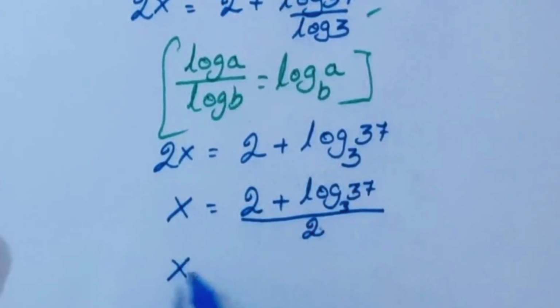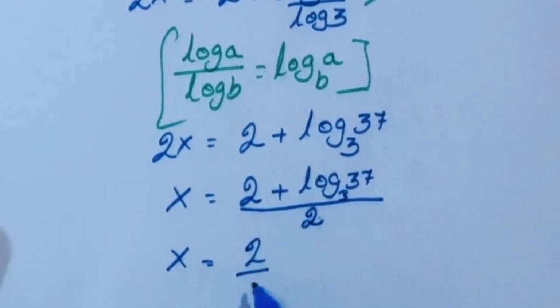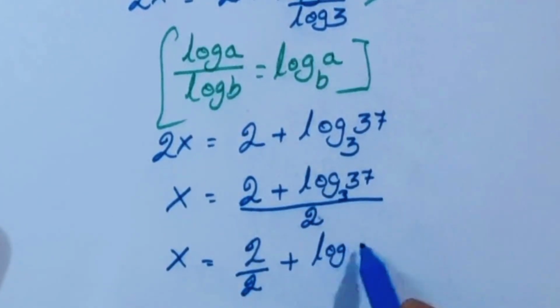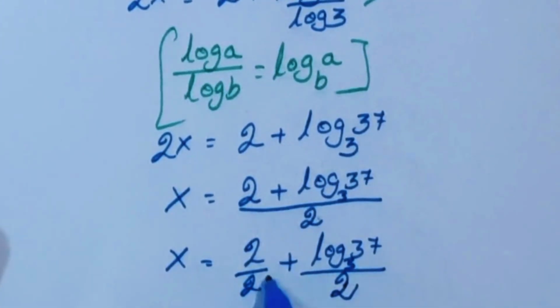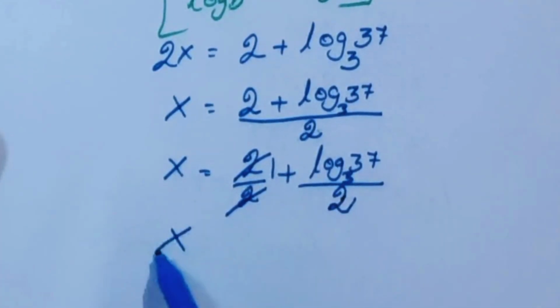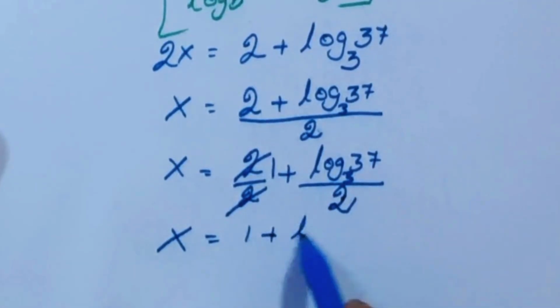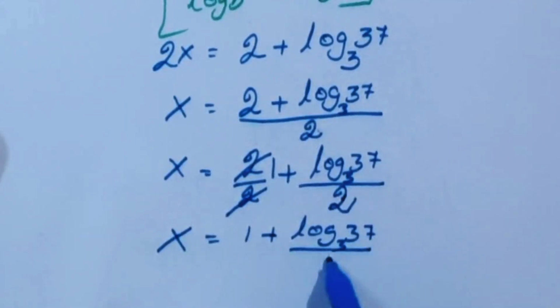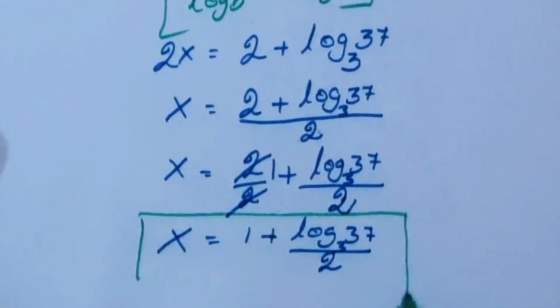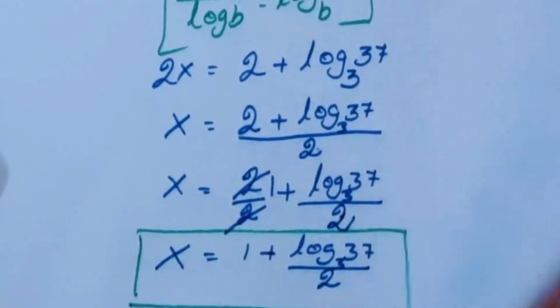So x equal to 2 by 2 plus log 37 base 3 by 2. Now simplify this, here 1. So x equal to 1 plus log 37 base 3 by 2. This is the x. Now we are going to verify this.